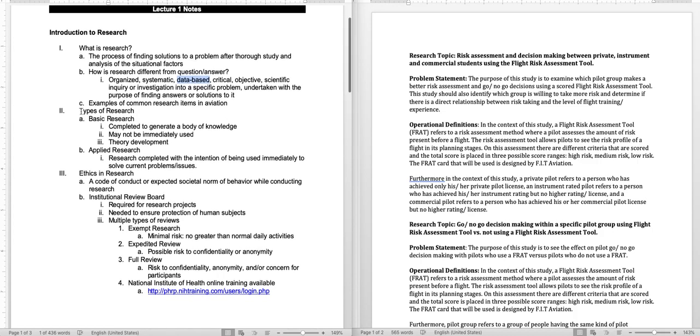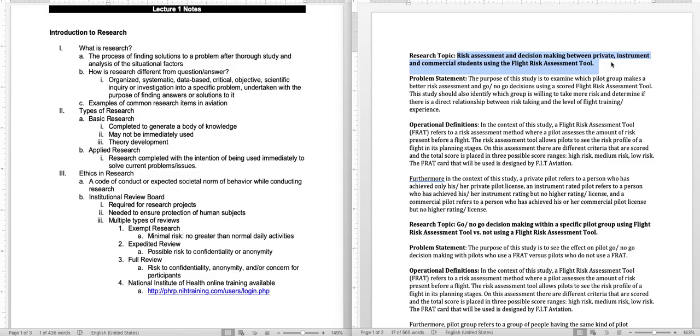And so we have different types of research. You might hear of basic research versus applied research. What we typically do in these research examples that I've given you is basic research. We're looking at generating a body of knowledge, finding out which factors affect decision making, for example. So this topic that I have here is an example of basic research.